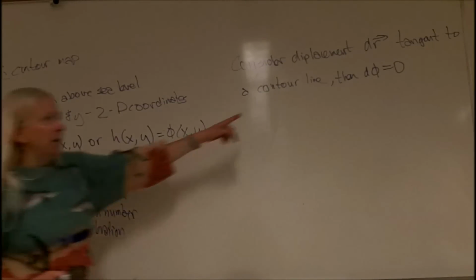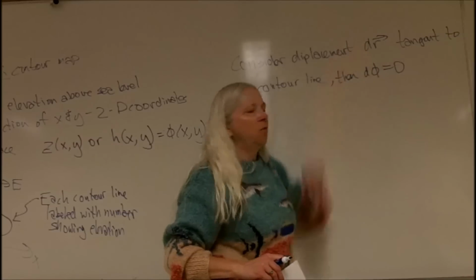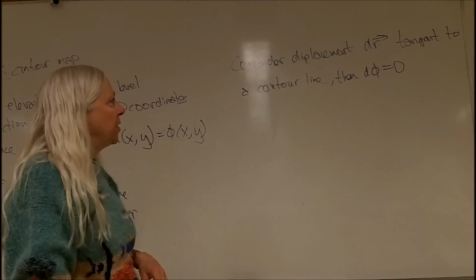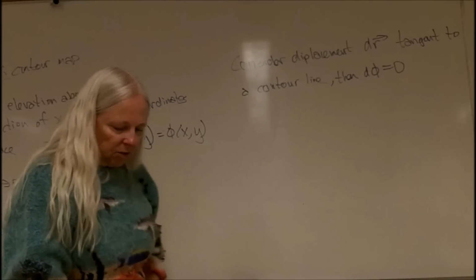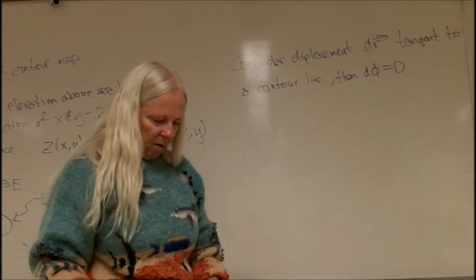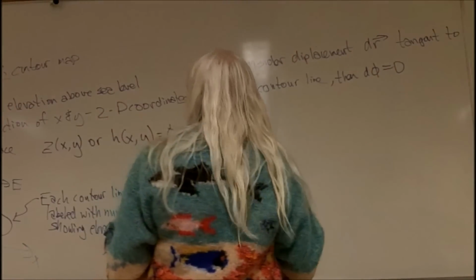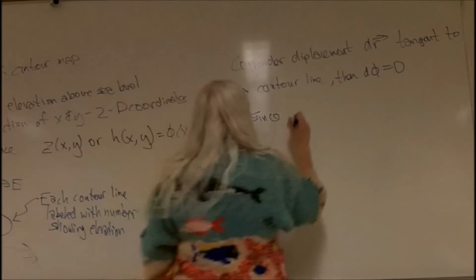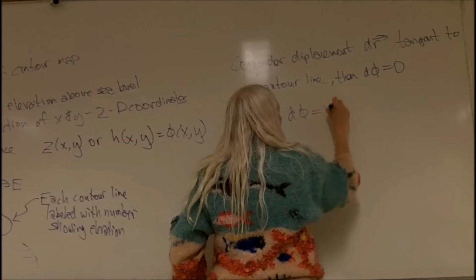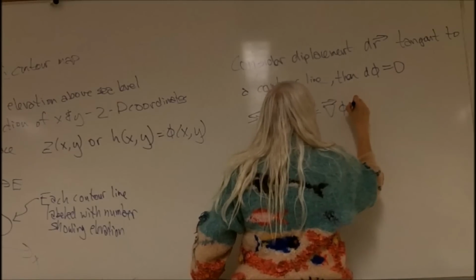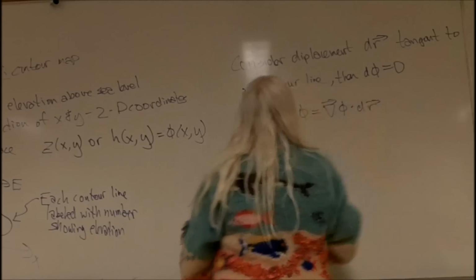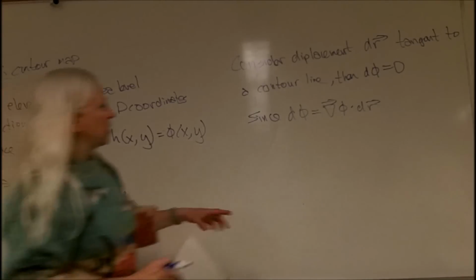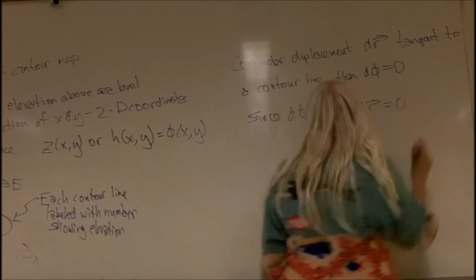And so the infinitesimal change in phi when I move along a contour line by an infinitesimal amount isn't going to change. So d phi has to be equal to 0. Well, we already said over here that d phi was equal to the gradient of phi dotted into dr. So in other words, this is going to be 0.